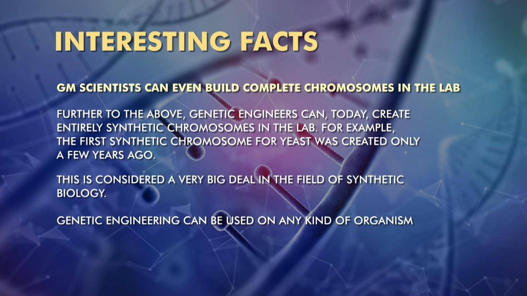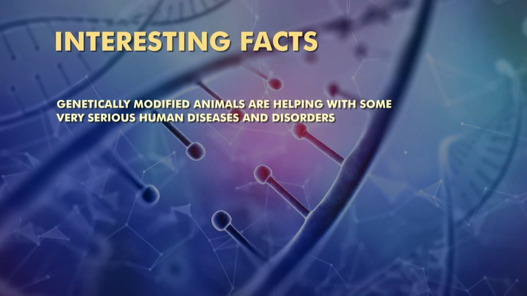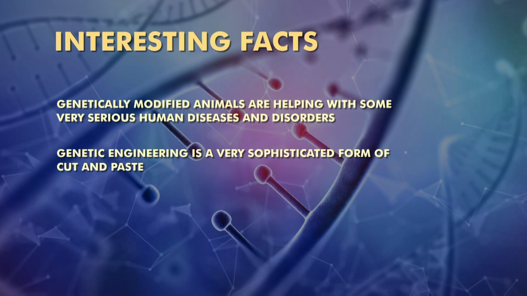It can be used on any kind of organism. Genetically modified animals are helping with some very serious human diseases and disorders. It is a very sophisticated form of cut and paste technique. This we will discuss later on. What do I mean by this sophisticated form of cut and paste technique?